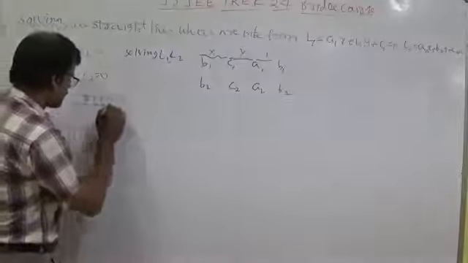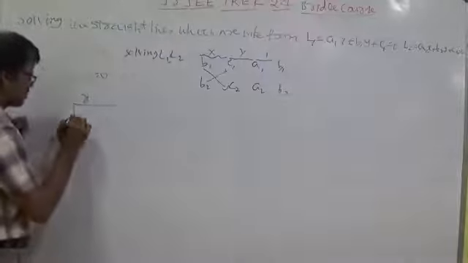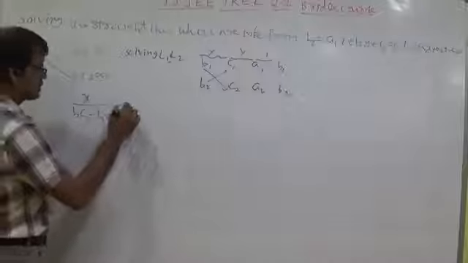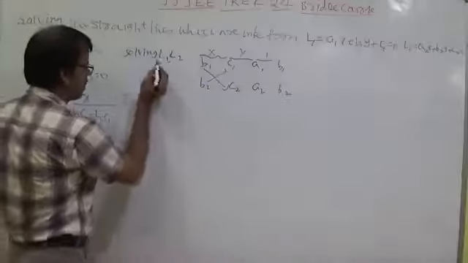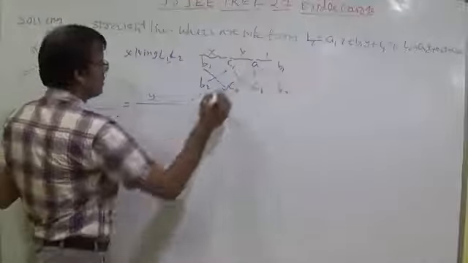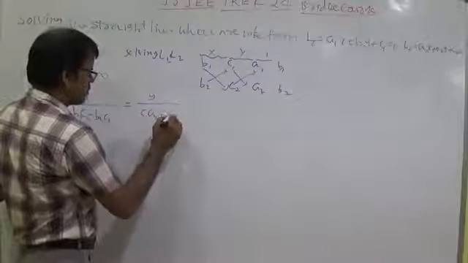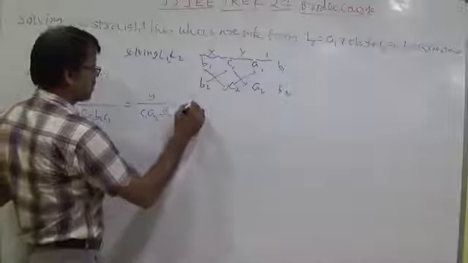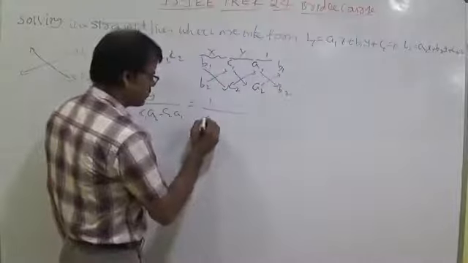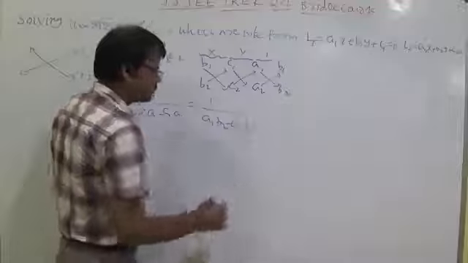Now you can write x by, according to this theory, B1C2 minus B2C1, and y by, this is small y, C1A2 minus C2A1, is equal to 1 by A1B2 minus A2B1.